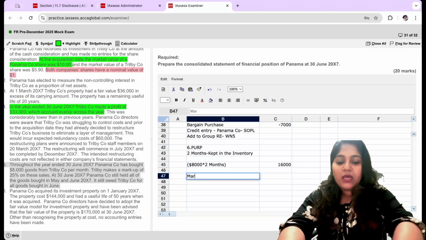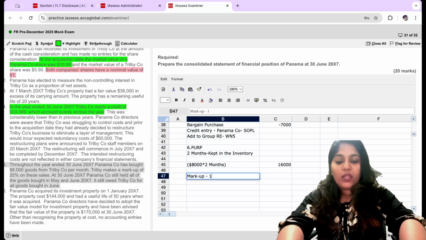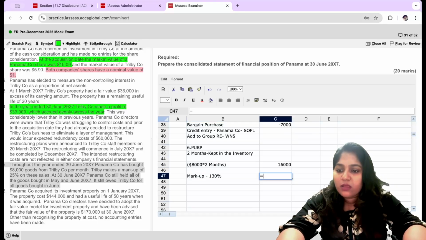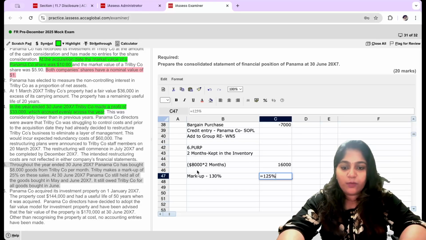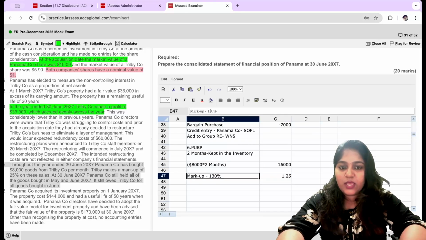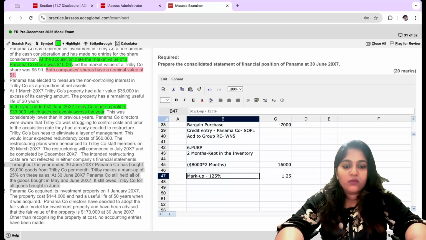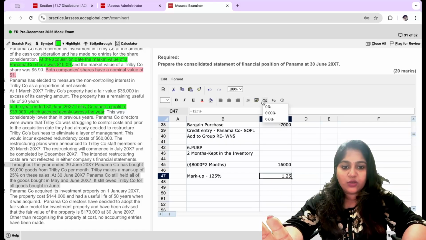If there is a markup, then my sales will become 125%. I'm sorry, my bad. It's because of the markup of 25%, hence you can expect to have 125%. Now this $16,000 is at what? It is at a percentage of 125%.